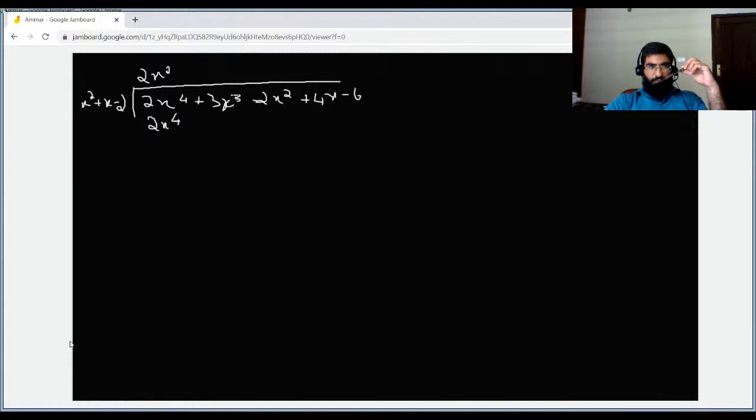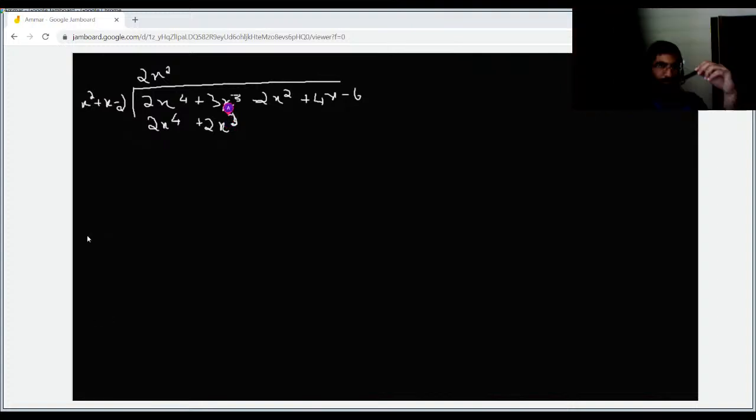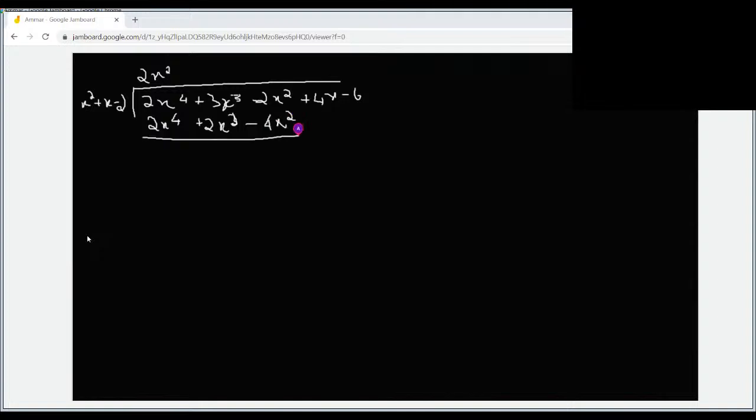So 2 plus 2x cube, and then minus 4x square and so cut, and so 1x, so x cube, and then plus.